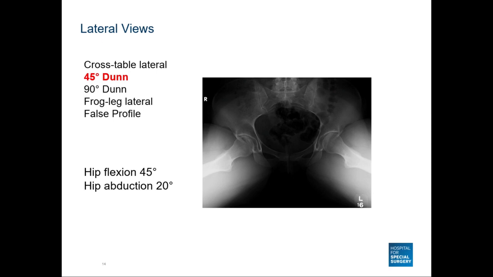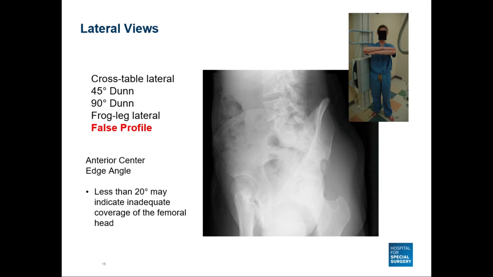In the dysplastic hip, as with most patients presenting with hip pathology, I will get a lateral view. In my practice, I'll get the 45-degree Dunn, done with the hip in 45 degrees of flexion and 20 degrees of abduction. I'll also get a false profile. The false profile can be helpful for measuring the anterior center edge angle, as well as for evaluating for some early signs of arthritis that you otherwise wouldn't see on an AP pelvis.